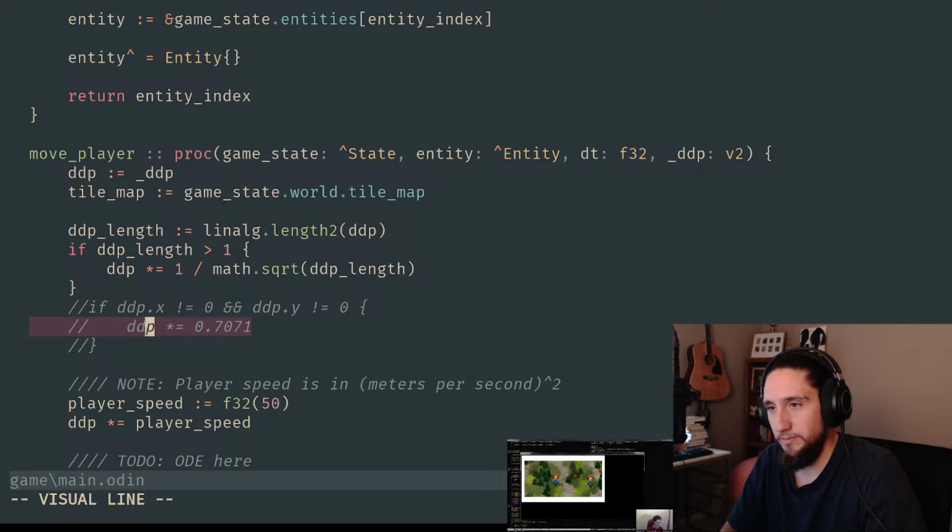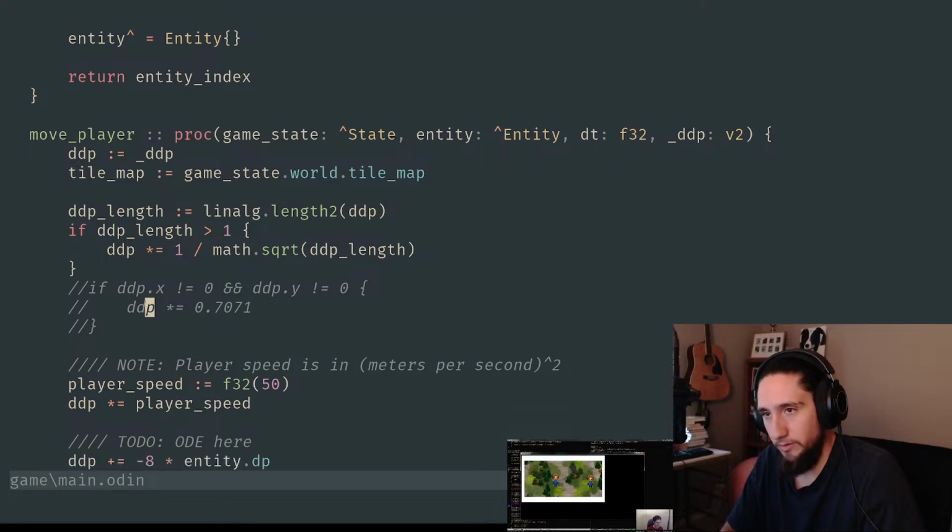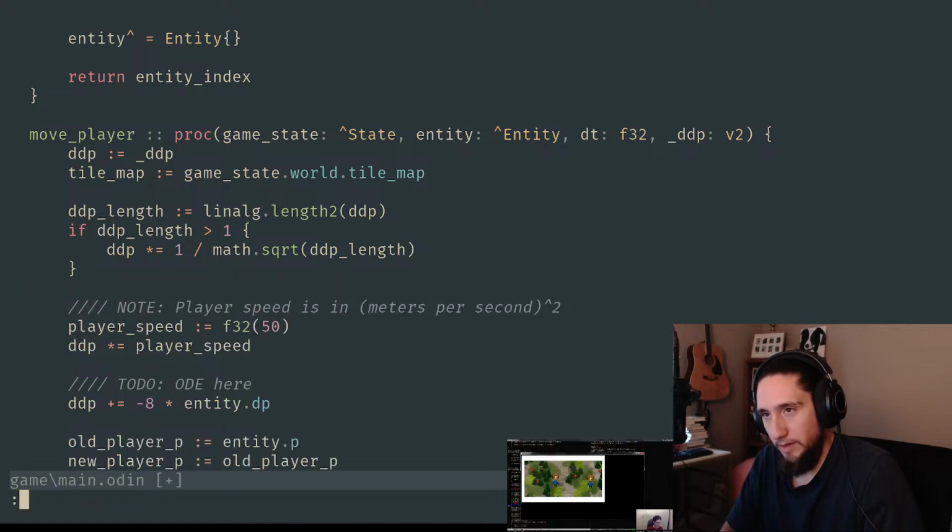That is, it's like the square root of 2 basically, but proportional to the unit vector length of 1, right? And so now we can just get rid of that, and this will work not just for that case where we're going diagonally in any direction, but also with the analog stick for the Xbox controller over here.